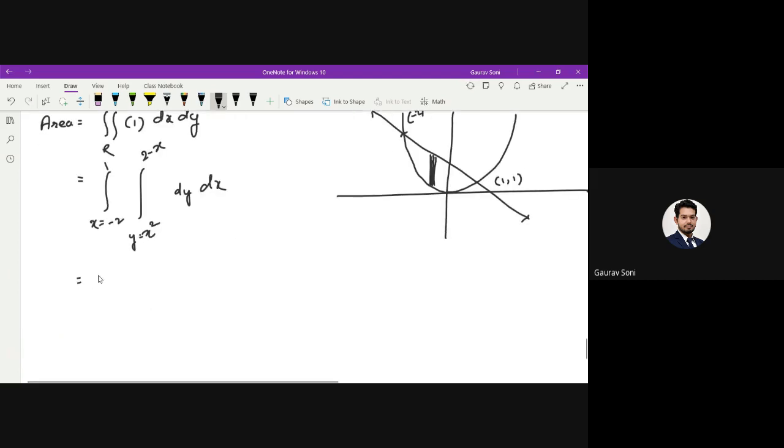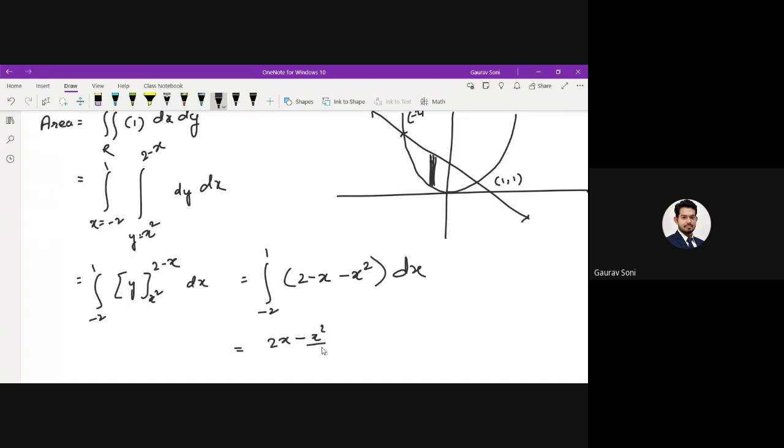So integrating this, we have y from x square to 2 minus x, dx. This is -2 to 1, 2 minus x minus x square dx. What is the answer? So 2x minus x square by 2 minus x cube by 3, limits from -2 to 1.